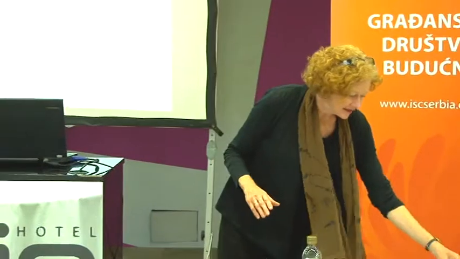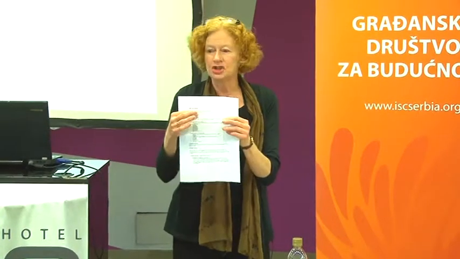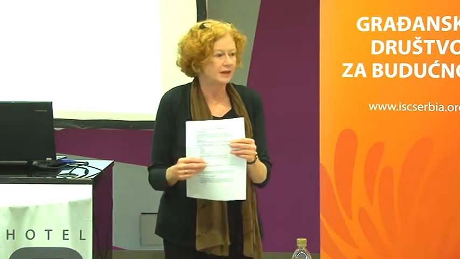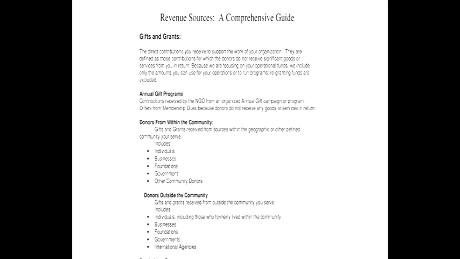So with that, as you can see, this is kind of divided into two broad categories. And I talked about this a little bit at the beginning yesterday. The two broad categories are gifts and grants and earned income. And we're going to talk about everything in those two broad categories.